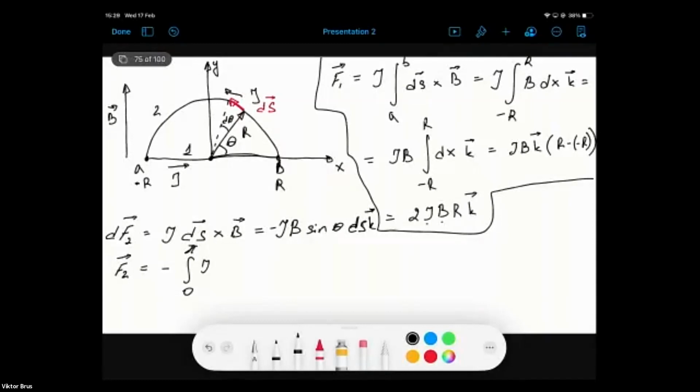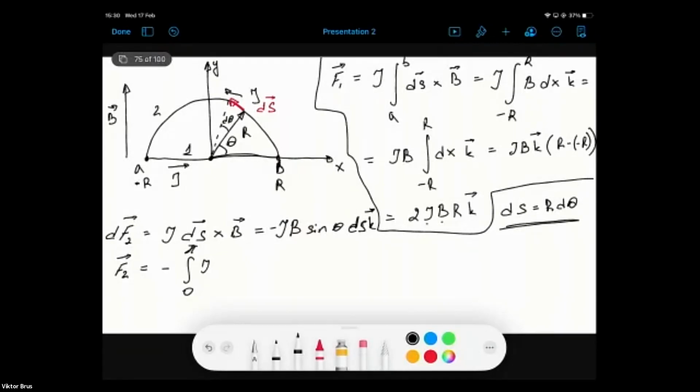So ds, let's write it here, will be equal to radius times d theta. So it's a small change. The length of this segment will be equal to the product of the radius of curvature and the small change of the angle theta in radians.